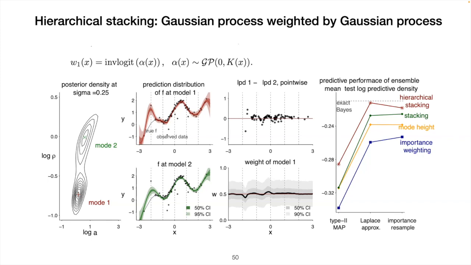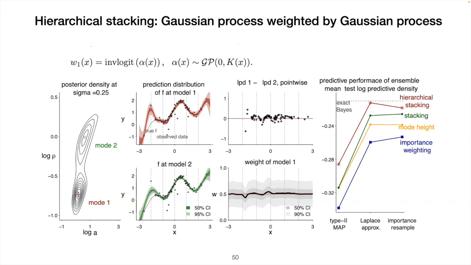But instead of having a universal weight for each model, I want the weight itself to be a function of x. So I can model this weight by a Gaussian process prior. This is the inference result you get; the weight itself is determined by another Gaussian process prior. And it turns out that this gives you even better results than just running stacking.